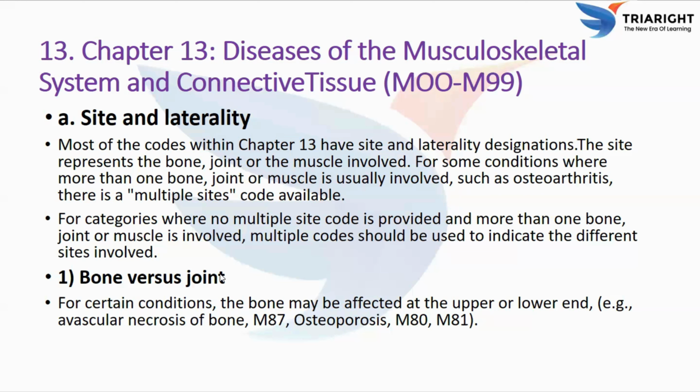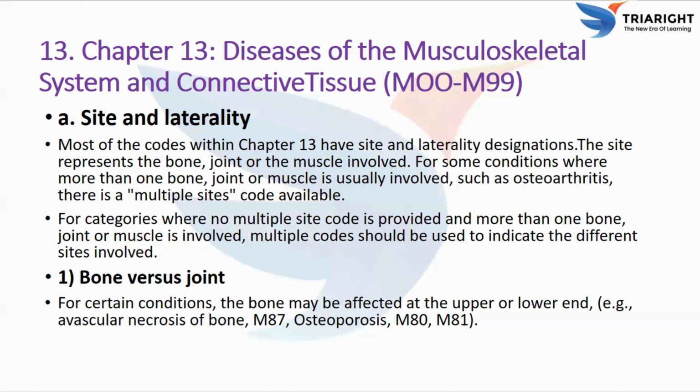The next is bone versus joint. This is an important coding distinction. Some diseases affect bones while others affect the joints, even if symptoms appear similar. Examples where the bone itself is affected: for osteoporosis, you assign the code M81 and its subcodes. Coming to osteonecrosis is M87. This may affect the upper or lower end of the same bone, but ICD-10 wants you to code the specific part.